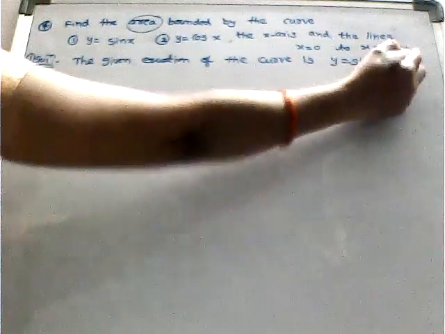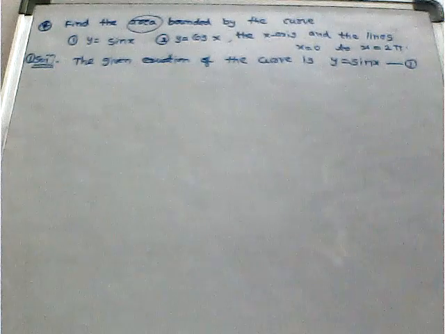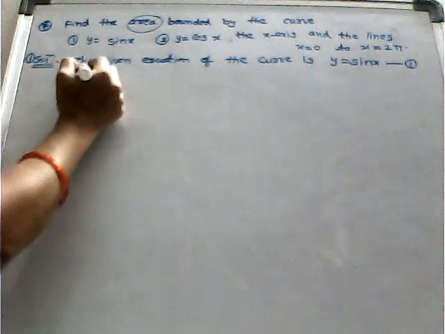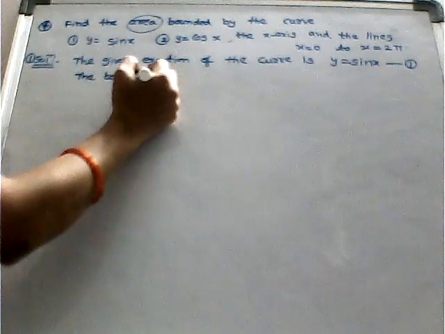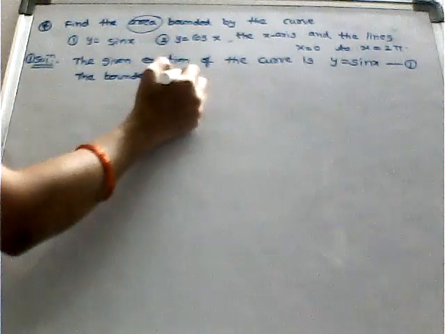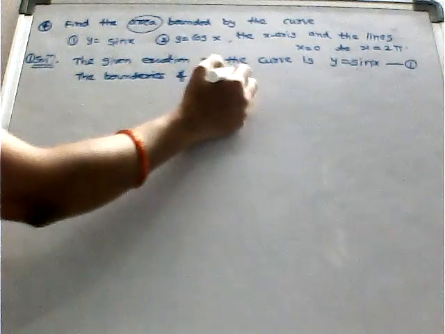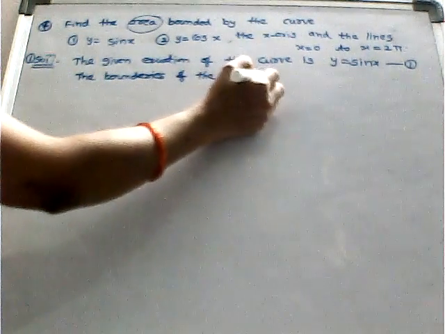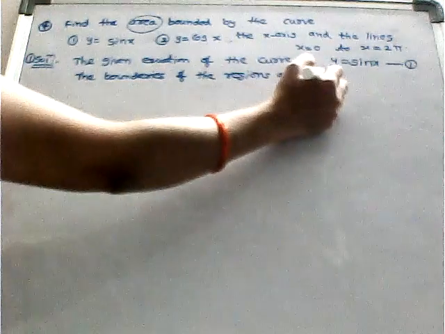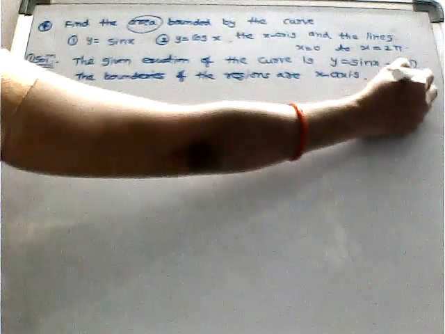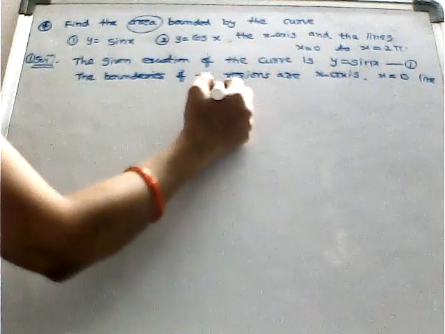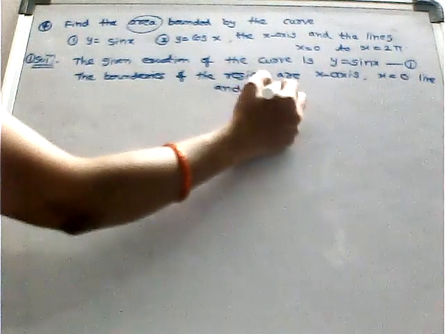This is taken as equation number 1. Now we take the boundaries. The boundaries of the region are the x-axis, the line x is equal to 0, and the line x is equal to 2 pi.